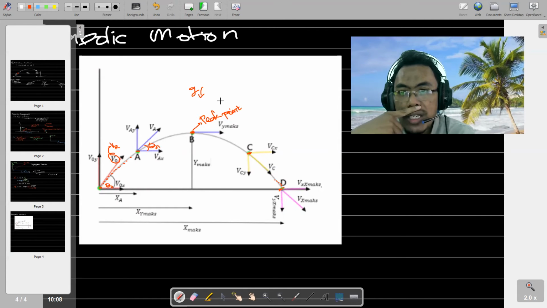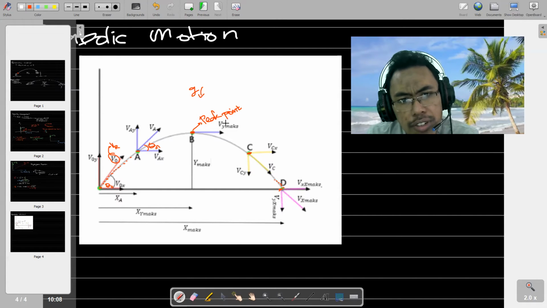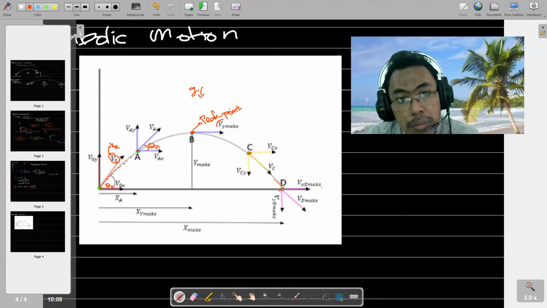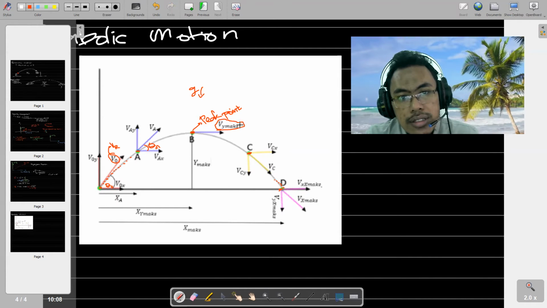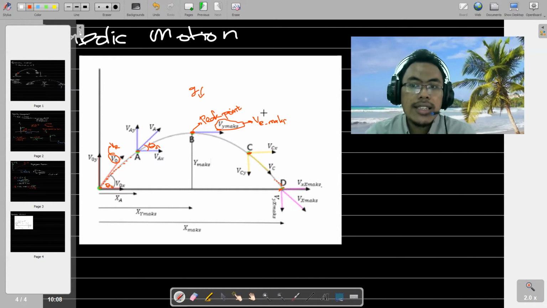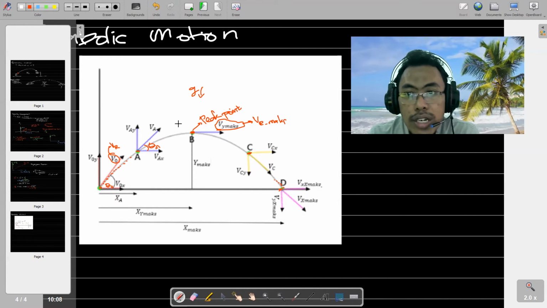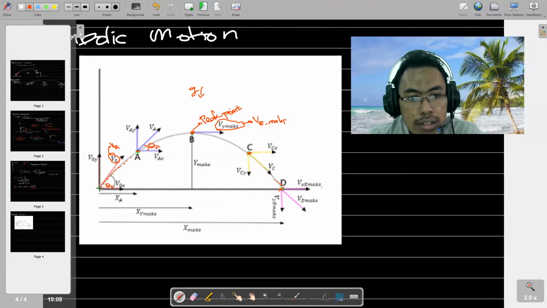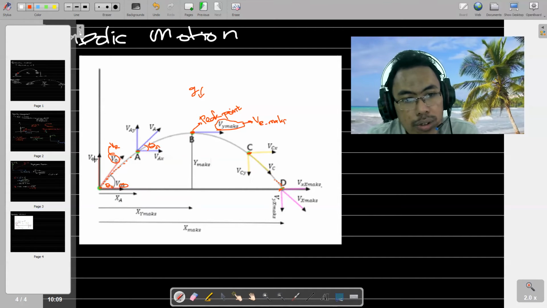When we take a look at point B, which is the peak point, as you can see, the resultant velocity, which is V max, doesn't have a Y component, dia tidak memiliki komponen Y. If you take a look at point A, the VO has VOX and also VOY.